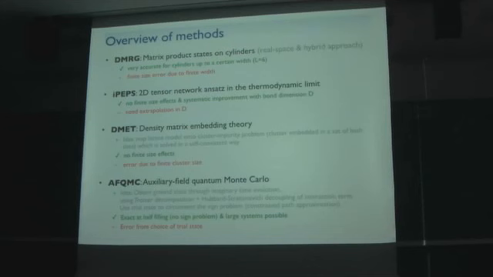Now, iPEPS has no finite size effects, and you obtain a systematic improvement as you increase the bond dimension. But typically, we don't reach convergence in challenging problems. So at the end of the day, we have to extrapolate. So we'll come back to this later. Then DMET, or density matrix embedding theory.